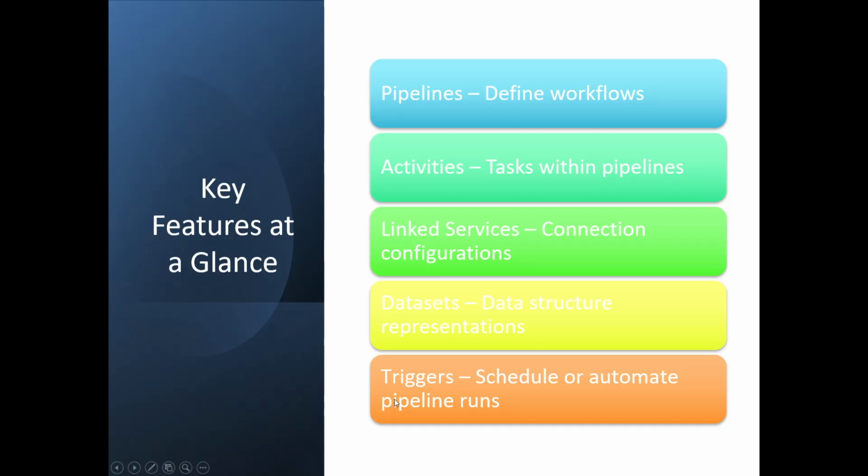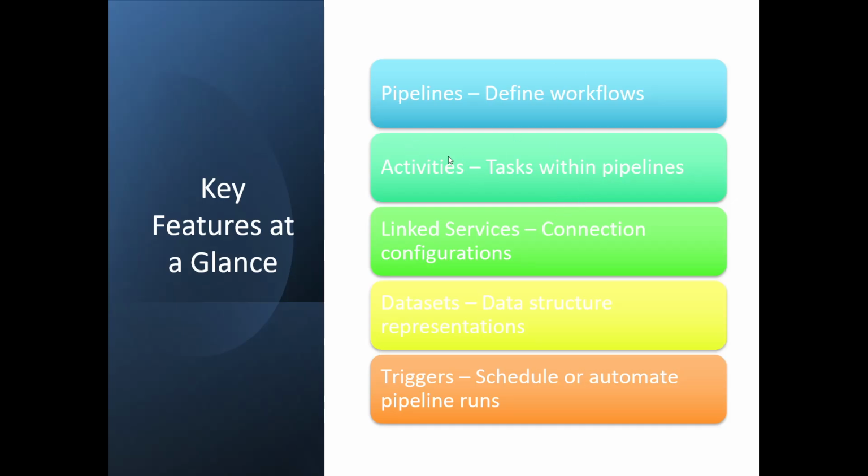So key features of ADF. So you have your pipelines, which we're going to discuss. You have your activities, which are the tasks within the pipelines. So you define what you need to do within the pipeline.